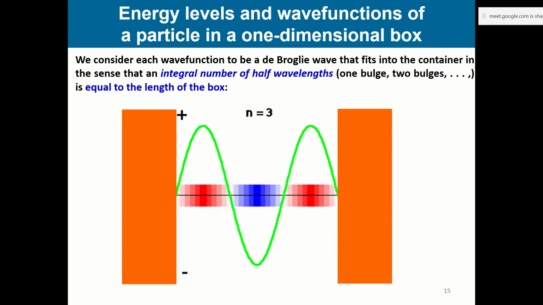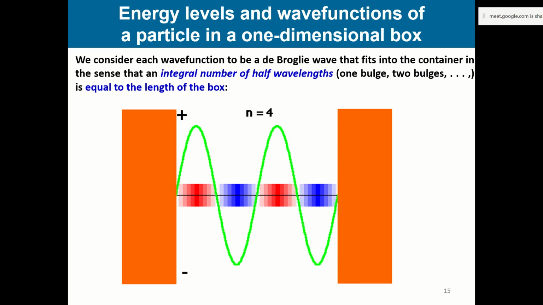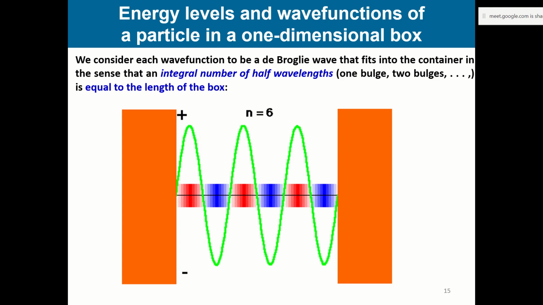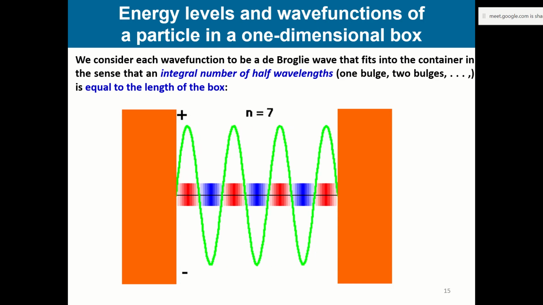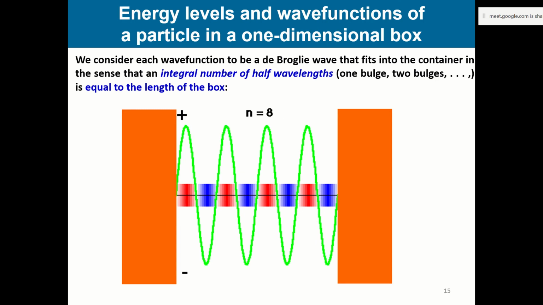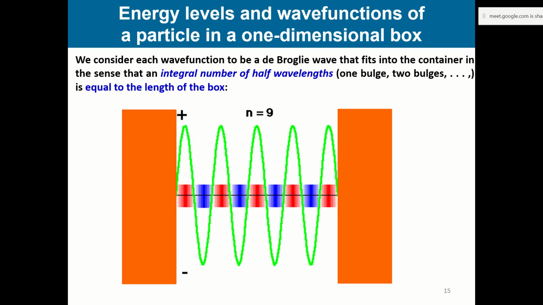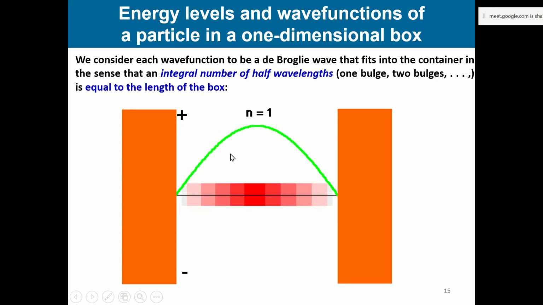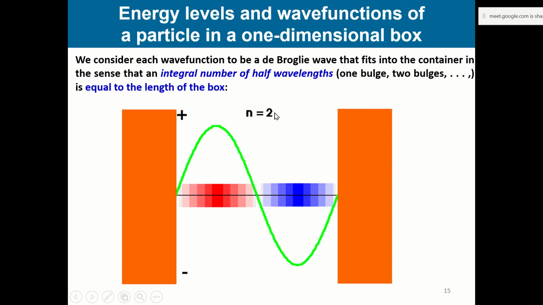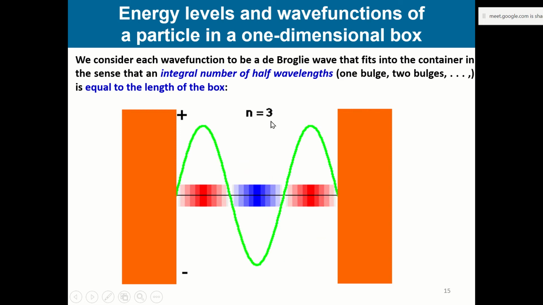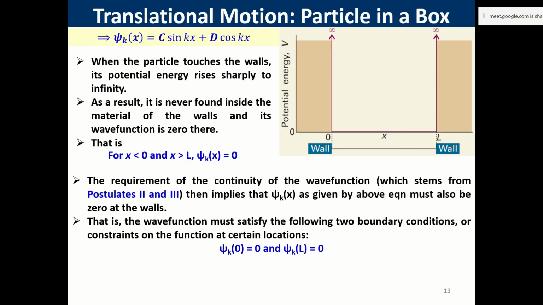This is the general scheme that we have to fit: one half wave, two half waves, three half waves, and so on, each one corresponding to n equal to 1, 2, 3. This comes in our numerical calculations.